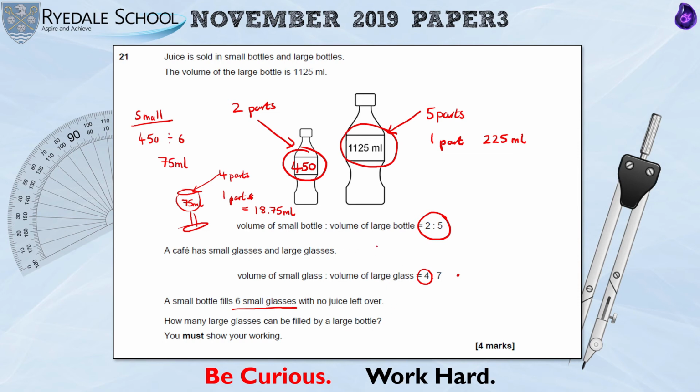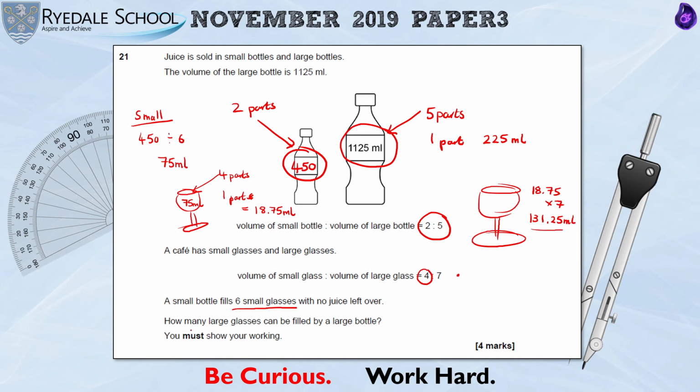So that means that the big glass, which is 7 parts, must be 18.75 times 7. And that is 131.25 mil. So that is the volume of the big glass.